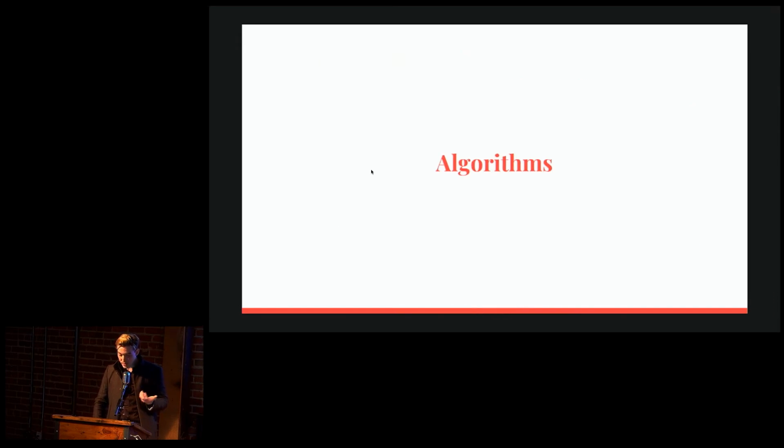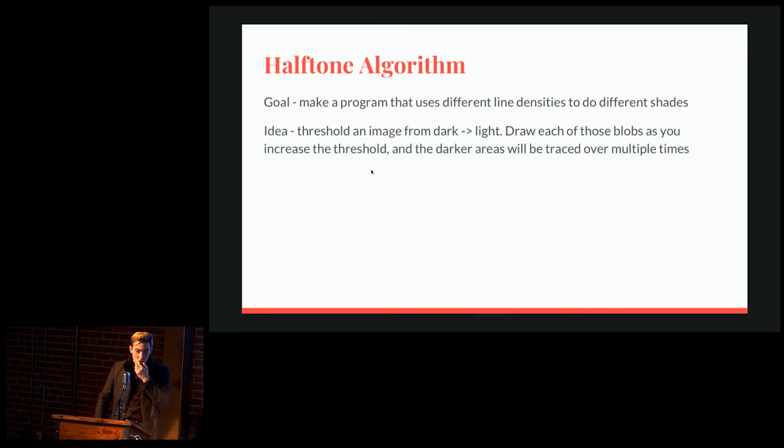All right, so let's actually talk for a minute about how you make these. Going back to the original one of the girl, the idea was, I had just seen the picture of Turtle Toy, and different line densities create different colors. So how can we turn this into a thing that my robot can draw?